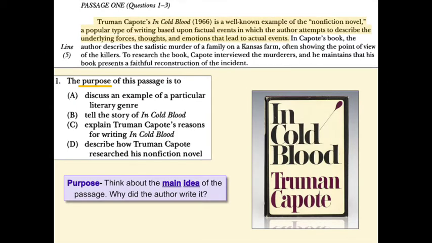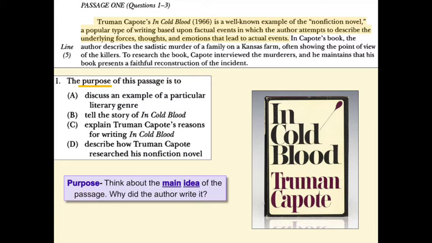Truman Capote's In Cold Blood is a well-known example of the nonfiction novel, a popular type of writing based upon factual events in which the author attempts to describe the underlying forces, thoughts, and emotions that led to actual events.